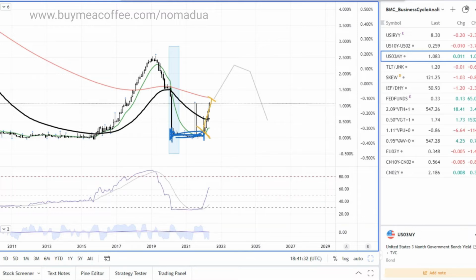Then we should get a late cycle and the recession. That's how it should work.